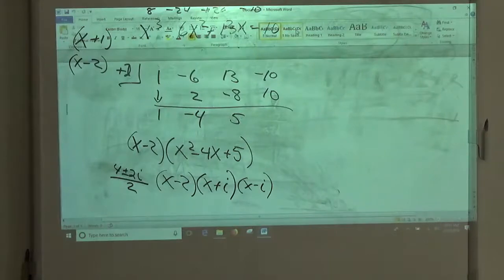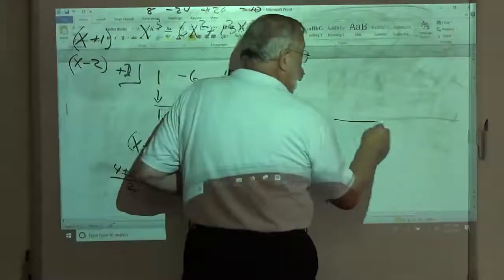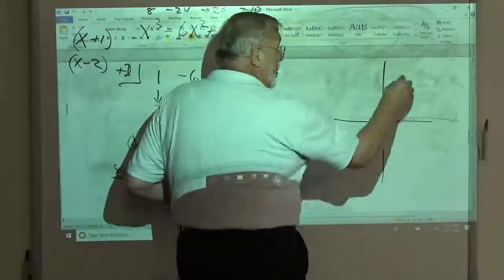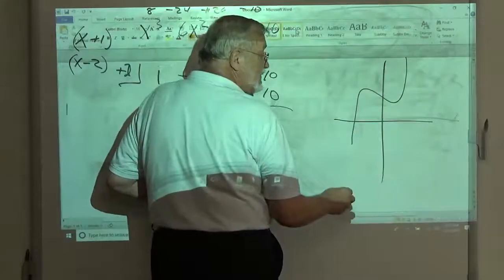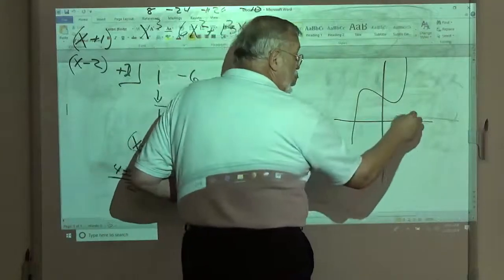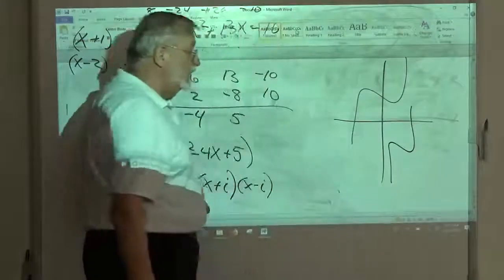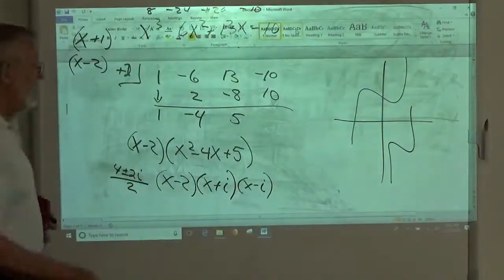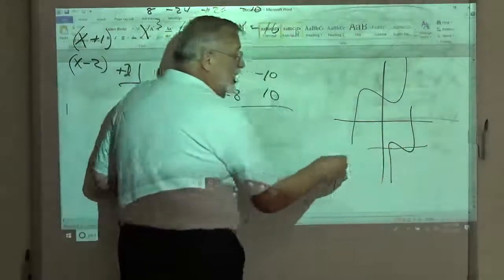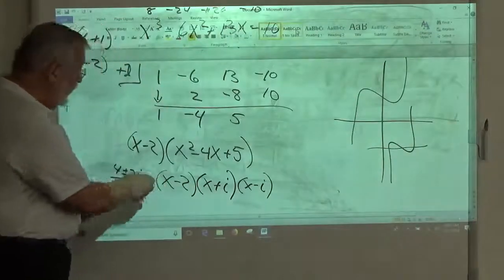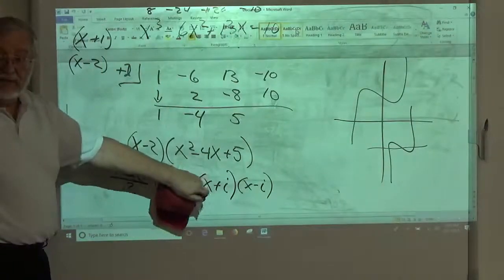So if I were graphing that, my graph is going to either look like this, or it's going to look like this. Right, because I'm not going to have it going through 3 times. It's only going through with one real number and 2 imaginary.